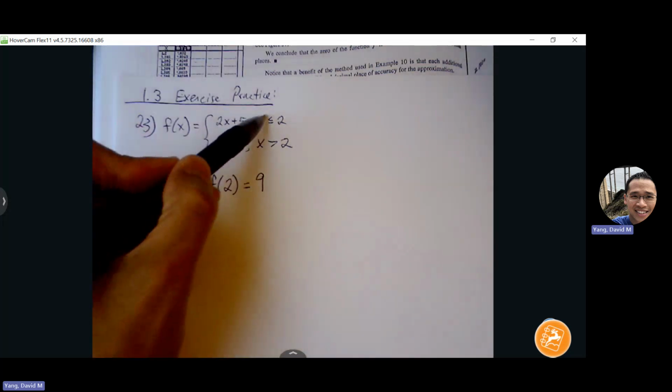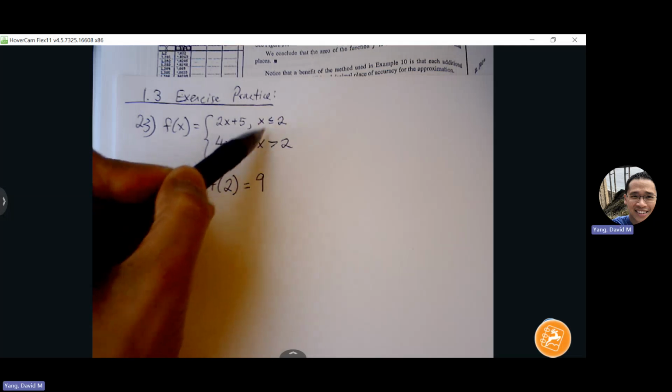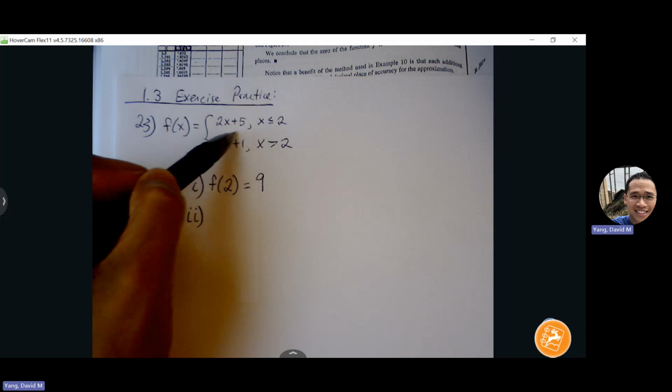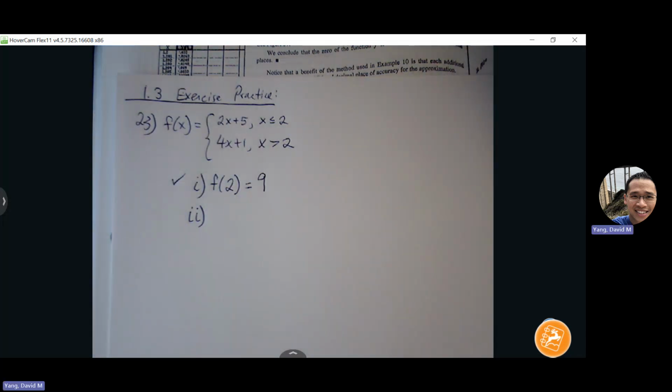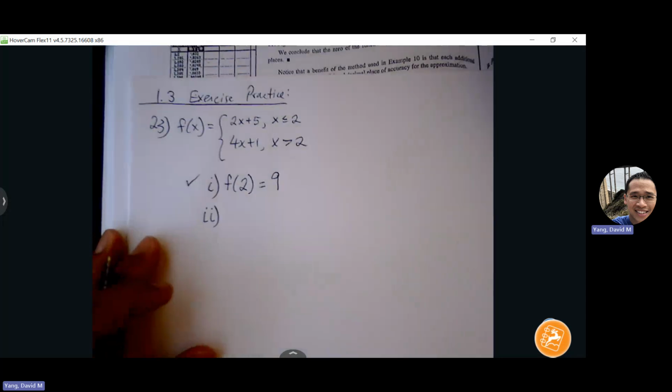Because you see different functions on either side of my C value, I have to rely on one-sided limits. So I'm going to have to do the approach from the left and the approach from the right. If the graph was in front of us, we'd plot the points on either side and draw the arrows. The way we draw arrows without the graph is we use one-sided limit notation.